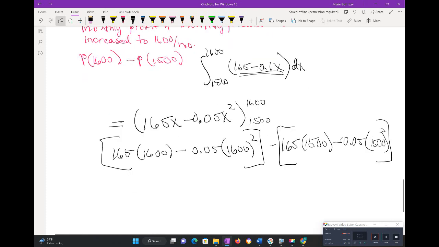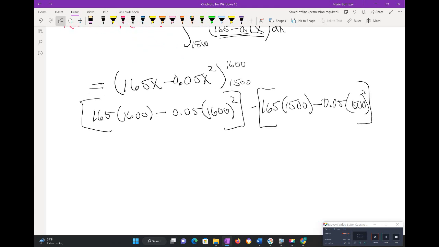And let's take a moment and just do a little calculation. We find that this gives us 136,000. This gives us 135,000. And the difference between these two values obviously is 1,000.